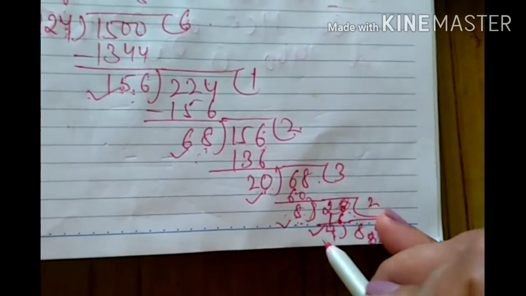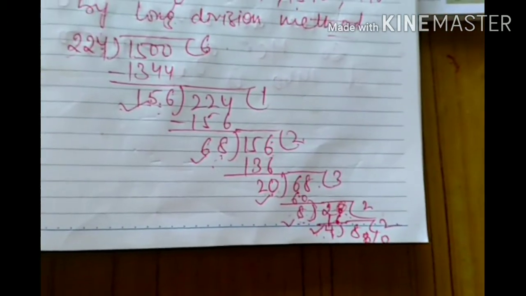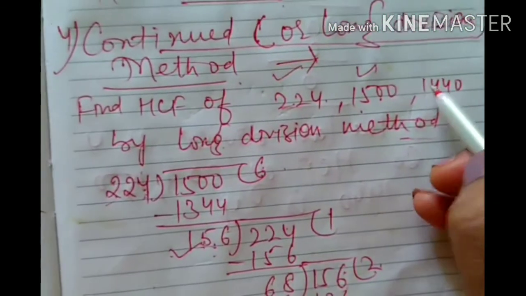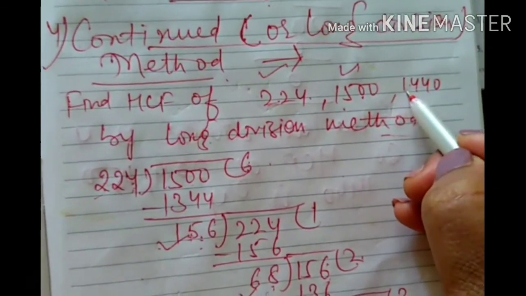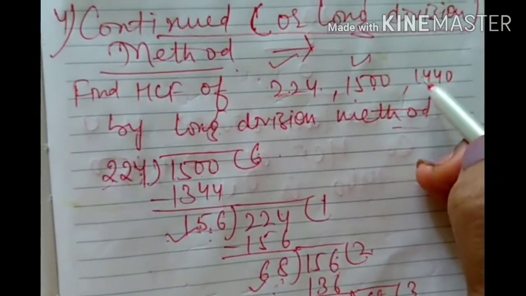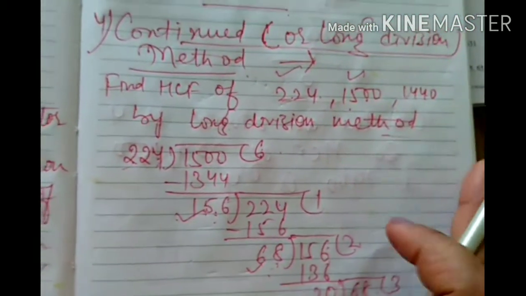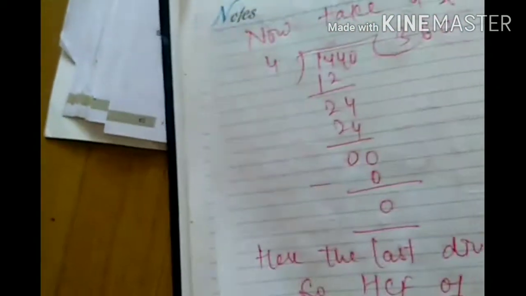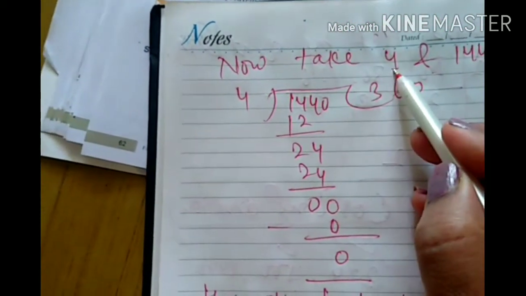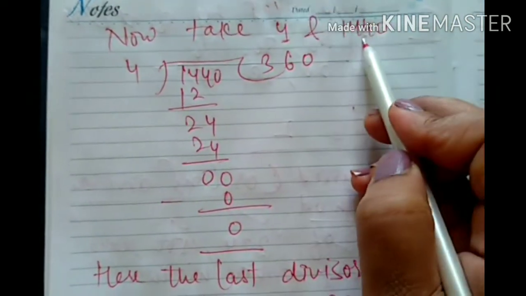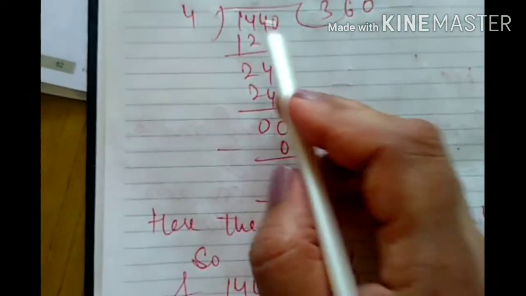This means the last divisor is 4. Now you will take 4 and the third number, 1440. Find the HCF of 4 and 1440.